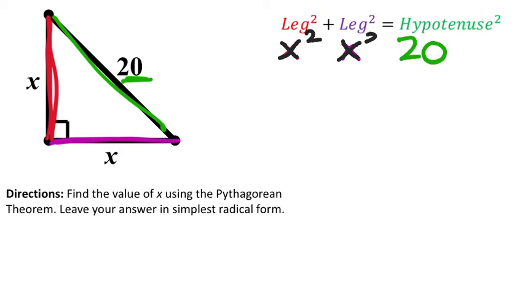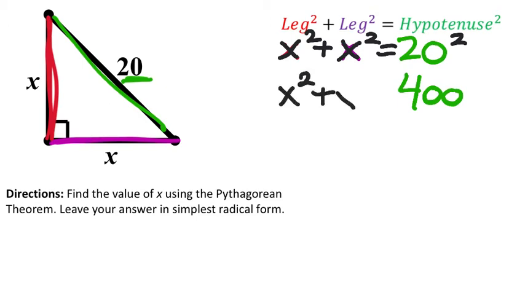So I'm going to square the two legs, add those together, and this would equal 20 to the power of 2. So only one calculation to perform here, 20 to the power of 2 in the calculator, 400. And then we got x to the power of 2 plus x to the power of 2 equals that 400. Now if we go back to what we call like terms, we have two x to the power of 2's on this one, right? I got 1x to the power of 2 and 1x to the power of 2 there.